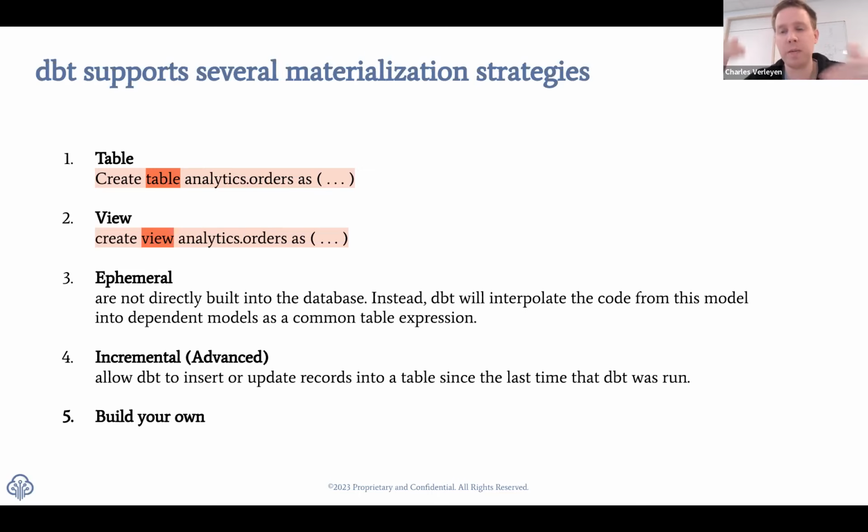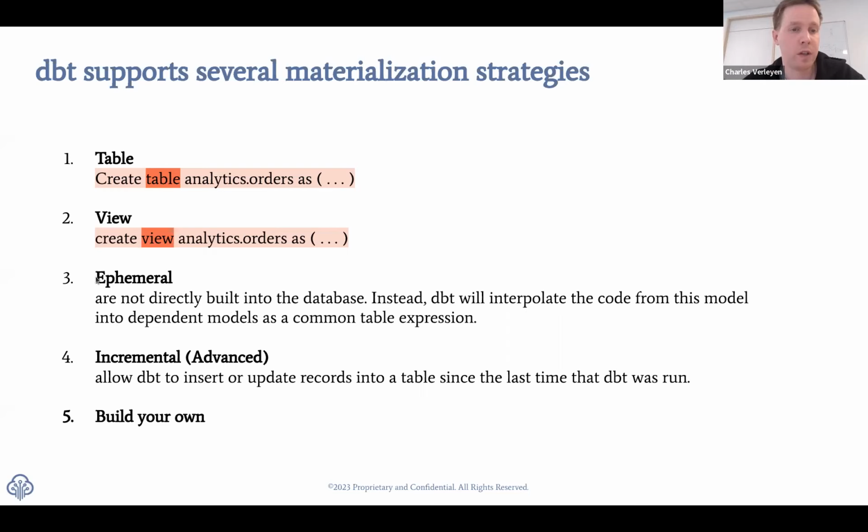Imagine you have a huge model file, more than 300 lines. DBT recommends, and it's also a software engineering best practice, to split that file into smaller files. So you can have ephemeral files that are just CTEs, common table expressions, that are then called in another file.